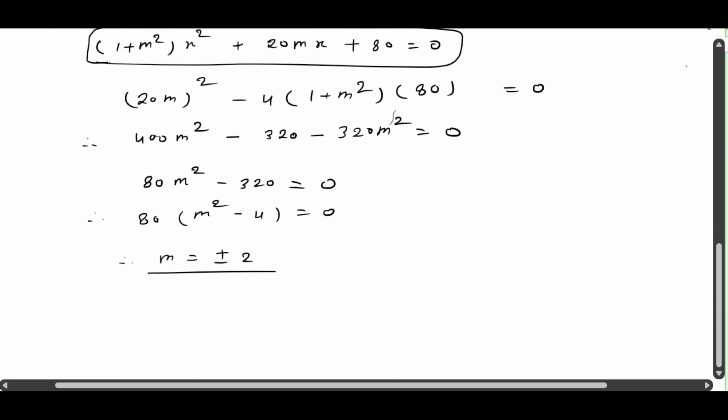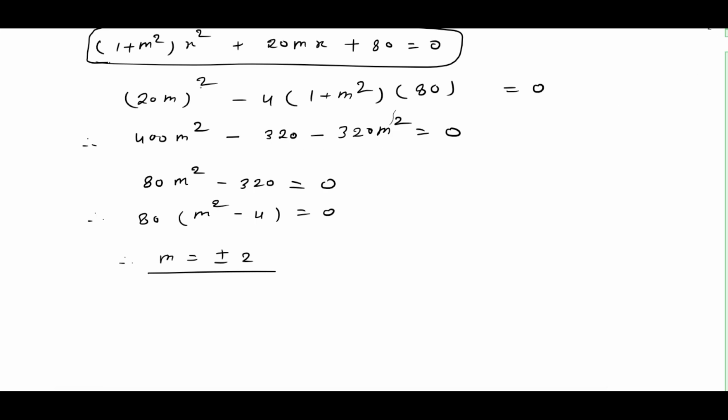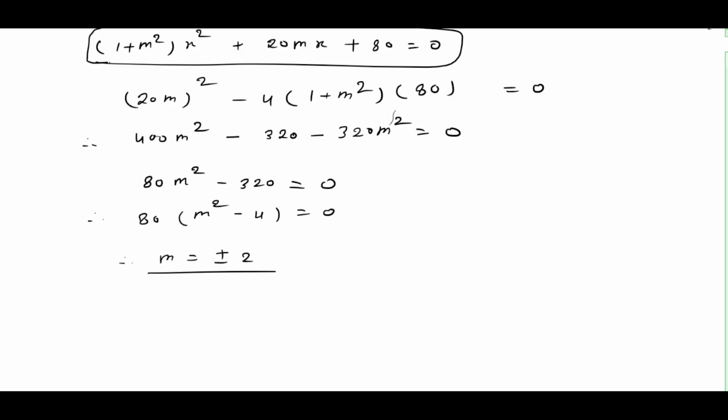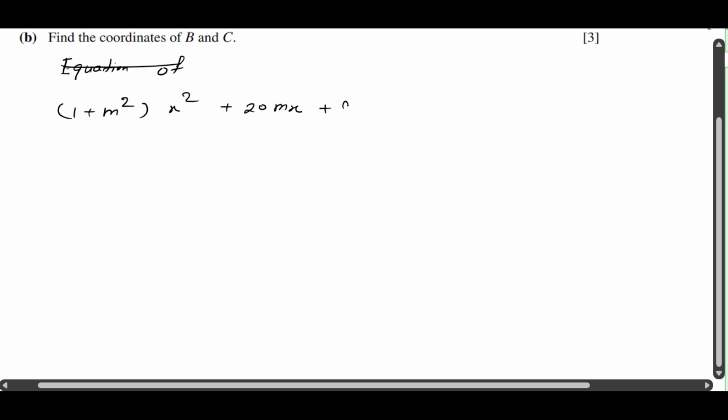So I will write (1 + m²)x² + 20mx + 80 = 0.